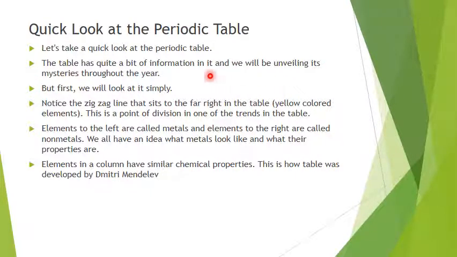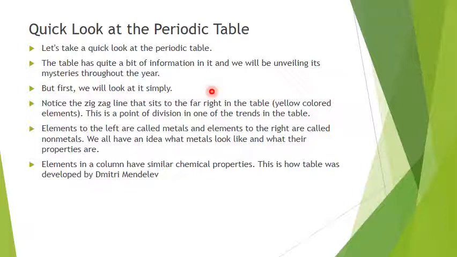the table has quite a bit of information, and over the rest of the semester, we'll be unveiling some of the mysteries of it. If you just look at it, there are really cool things about it, how it's situated. Right off the bat, what you notice is that there are columns and rows.